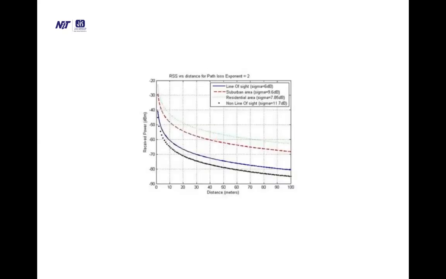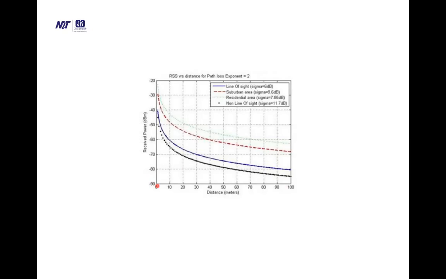So this is the idea of how the signal is deteriorated. The distance is shown in the range of 0 to 100 meters, and it is an idea, not the exact scenario we are discussing. So it is the receive power. It is showing that depending on different signal strength and different frequency, how the signal deteriorates.